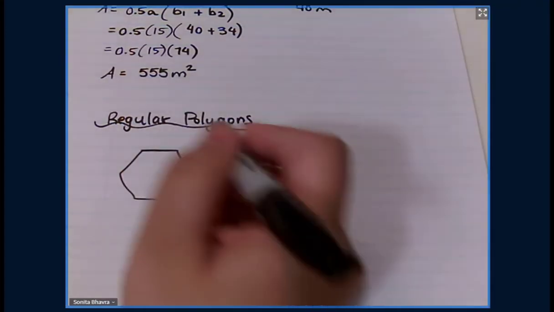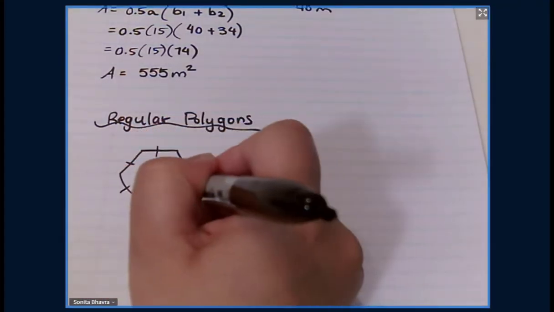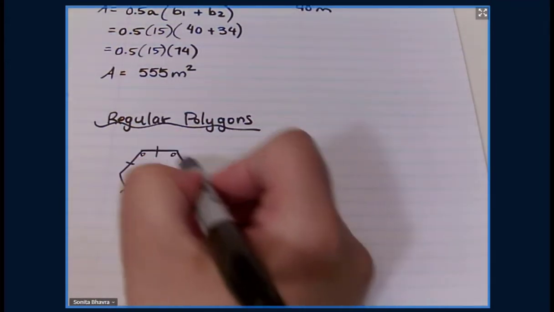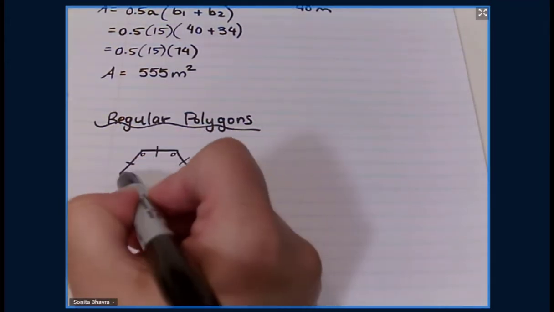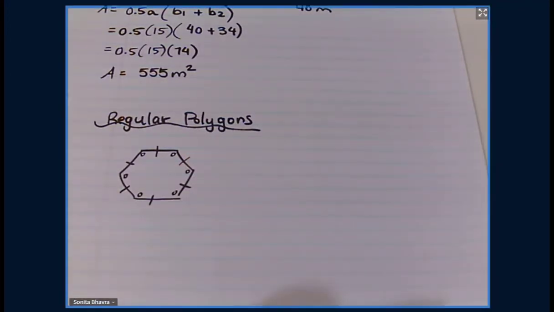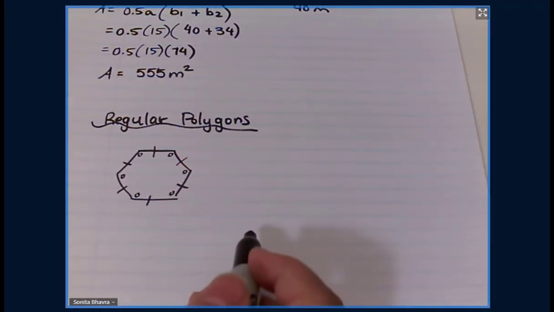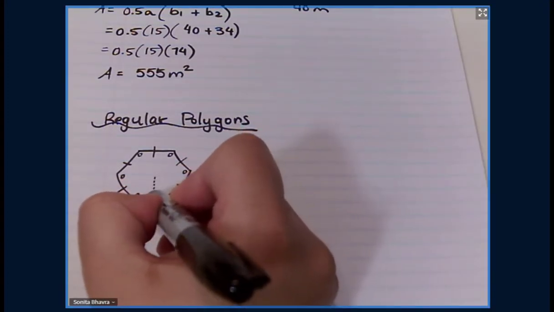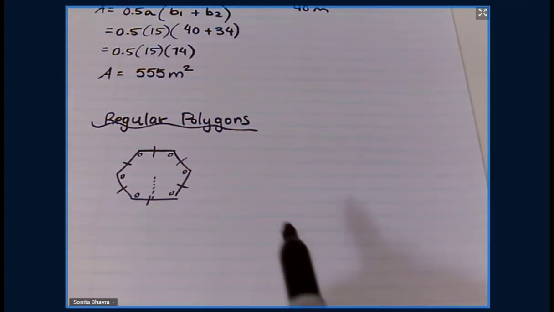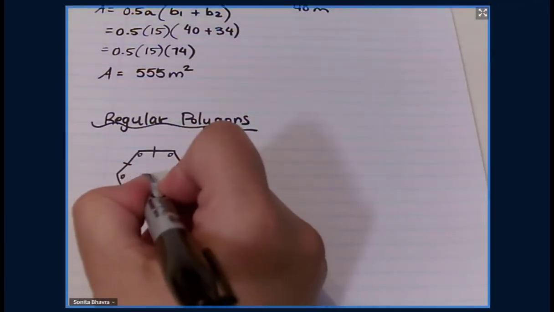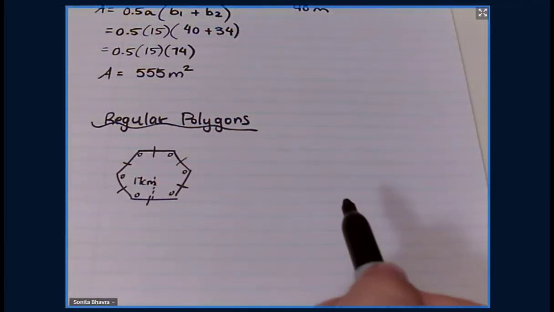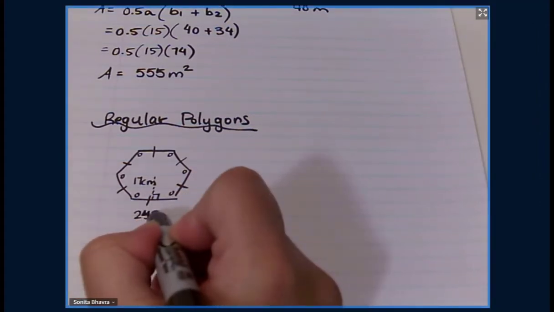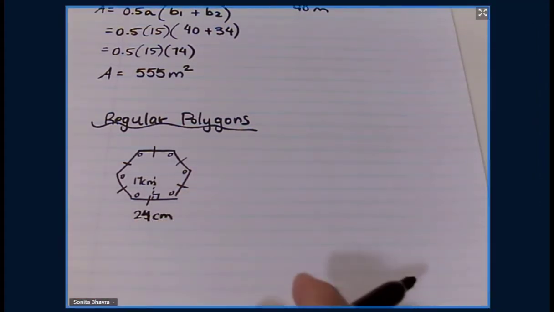When I say regular, it means each side here has the same measurement, and each angle also has the same measurement. Sorry, you're given a height as well like this. So in this example, it is 17 centimeters, and the side is 24 centimeters.